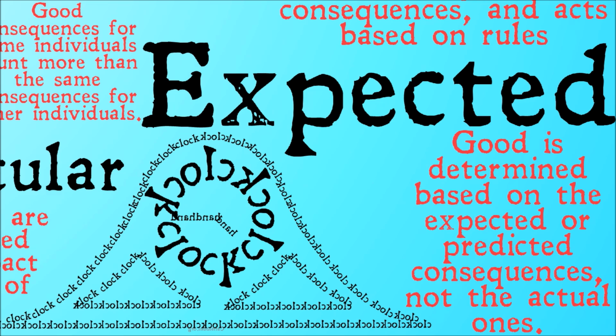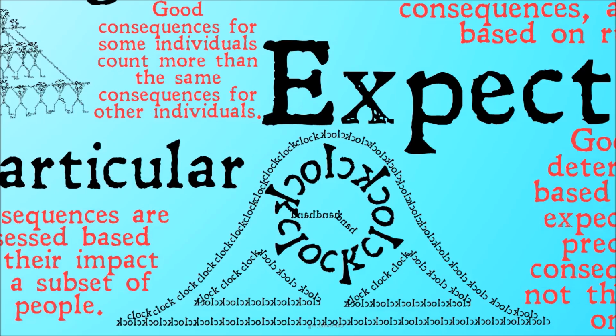Even if things go horribly wrong, if you expected them to go right, or if an objective observer would have expected that they had a very high probability of going well, then your action would still be judged as good. The distinction between your own personal judgment or an objective observer's judgment is a distinction we'll get to in a second.